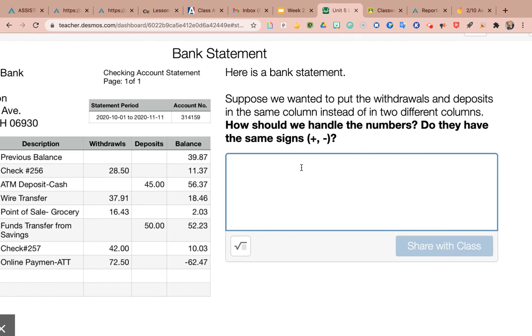So the question is, what kind of numbers are withdrawals and what kind of numbers are deposits? So withdrawals are, so if you remember, the withdrawals made the account balance go down.